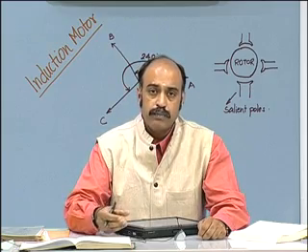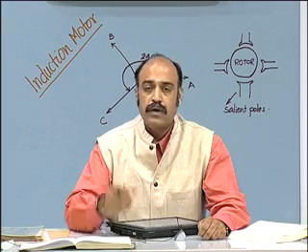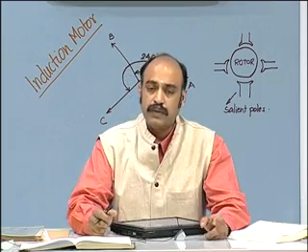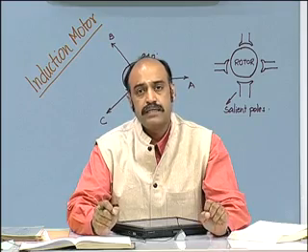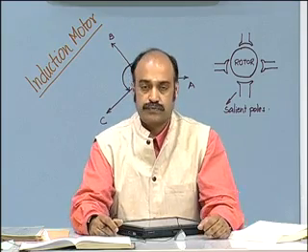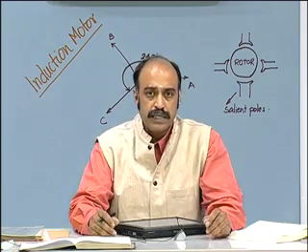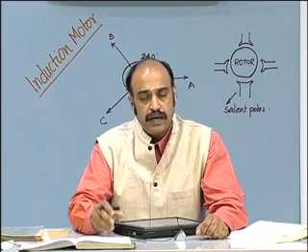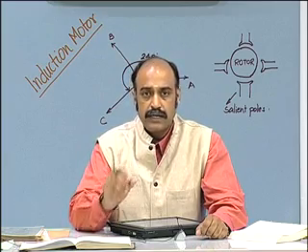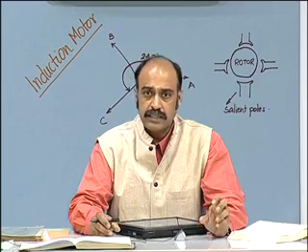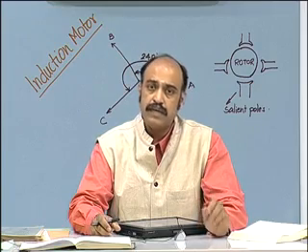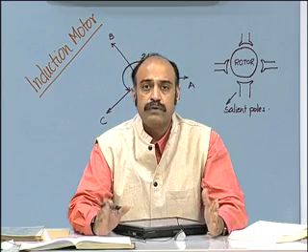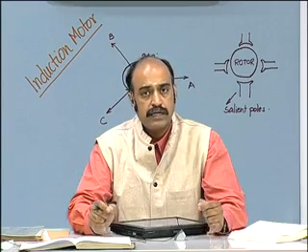All the accumulated forces of all the rotor conductors on the circumference of the rotor add up and you get a massive torque which makes the rotor move. So this is the principle of operation of the induction motor. But we saw that if the rotor speed catches up with the speed at which the flux is rotating, there is no relative difference in speed between the rotor conductor and the flux.